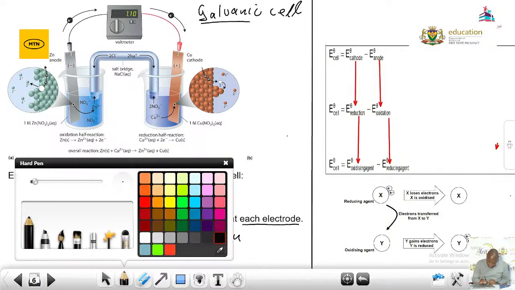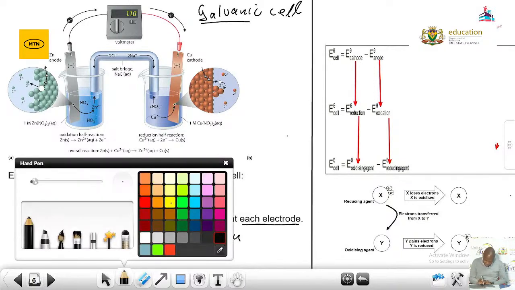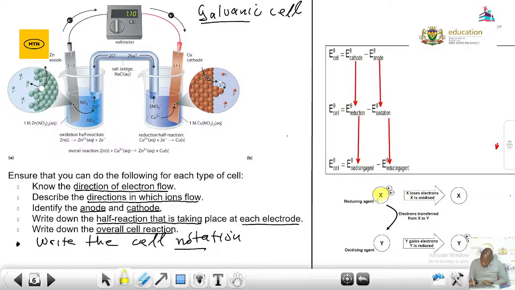And the question here says indicate also the direction of the electron flow. Once I have identified which one will be my reducing agent, then the electrons will be transferred from my reducing agent to my oxidizing agent.